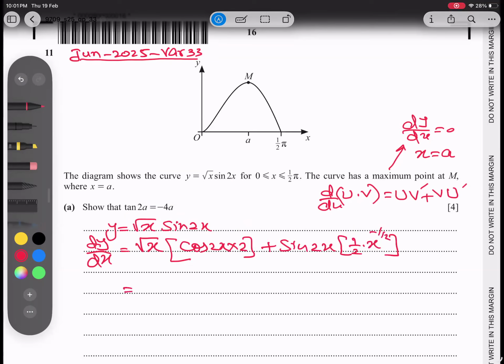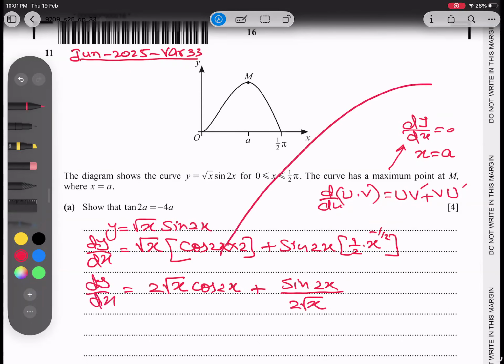Okay, so now I'm going to first simplify and then proceed. So 2 root of x cos 2x plus, there's a negative half. You know, students, when you bring it to the denominator it becomes positive half, and a half power is called root. So sine 2x over 2 root of x. Now, students, what I'm going to do is two jobs together.